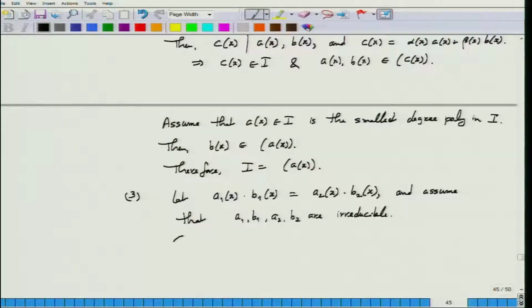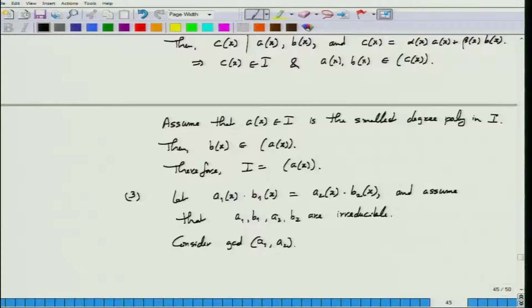So consider the GCD of A1, A2. What is this going to be? Both A1 and A2 are irreducible.